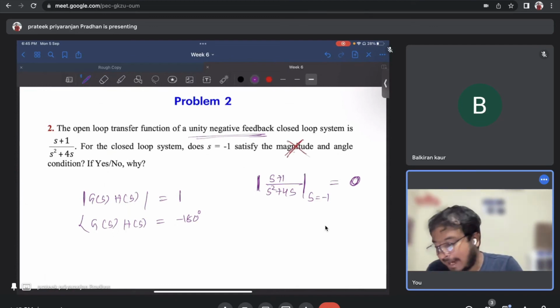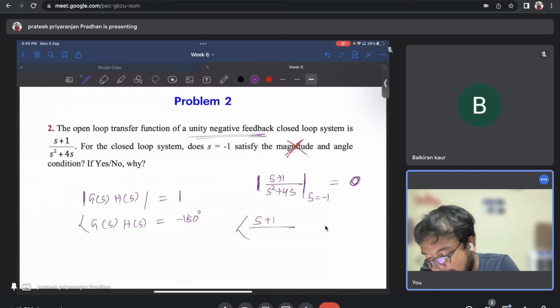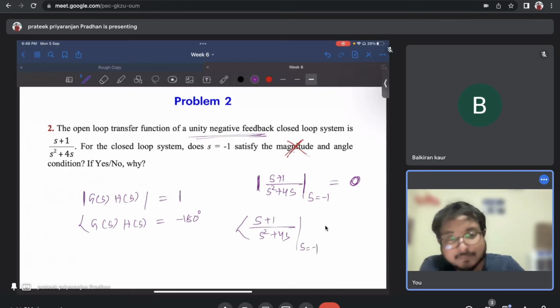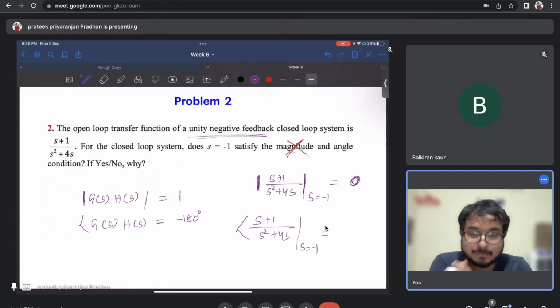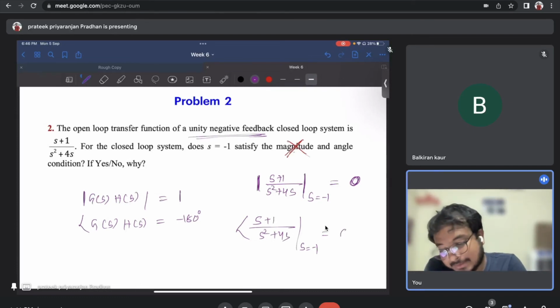And what about the angle condition? Can you check whether the angle condition is satisfied? The angle for (s plus 1) divided by (s square plus 4s) at s equal to -1. Can you check and tell me? It will come at 0 degree, or 360 degree.